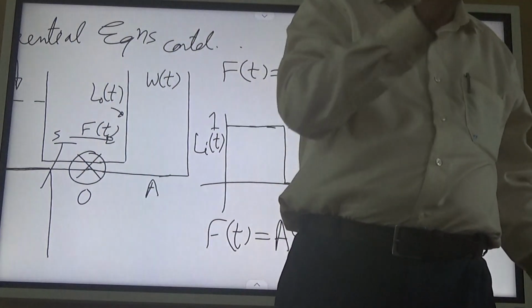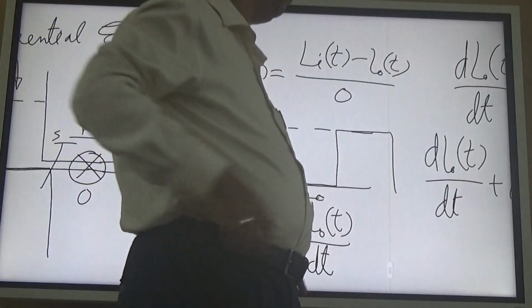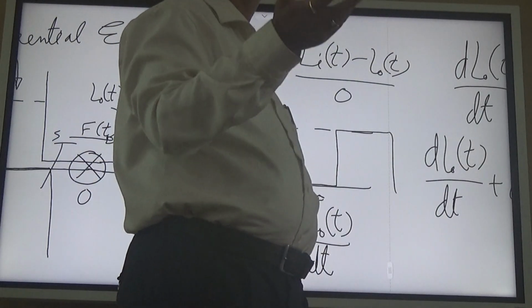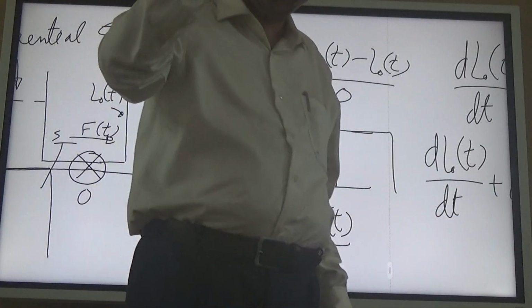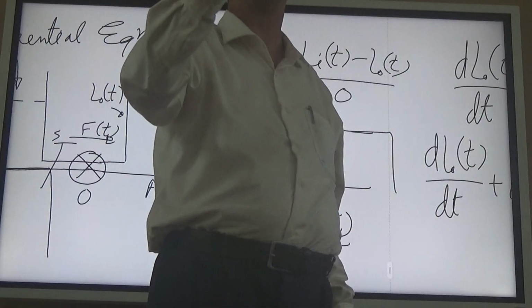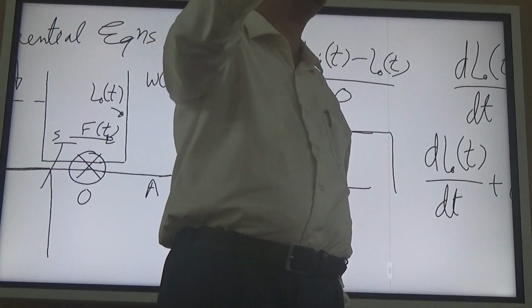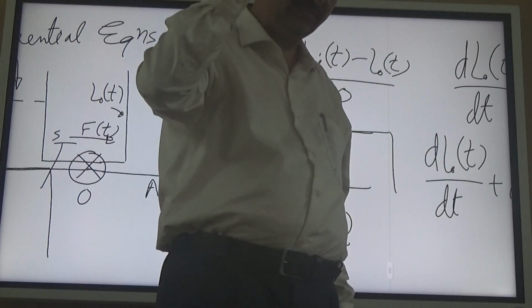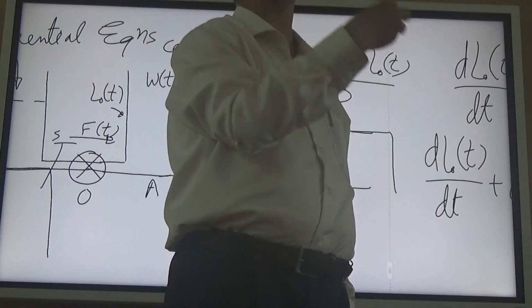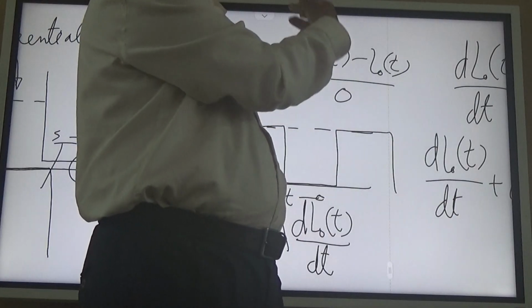If this input is given, what is the question? In all examples, the question is common: derive the expression for L out with respect to time. The problem is finding the output signal, which is the level in this case.